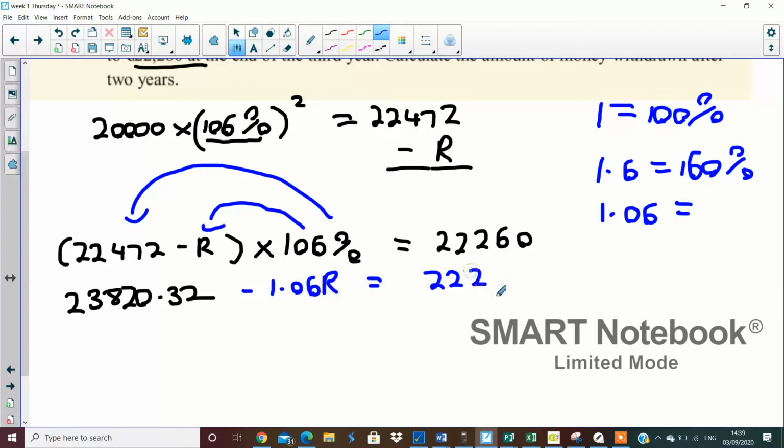Anybody know what to do next? Bring the 1.06 R to the right and bring the 22,260 to the left. And what are we left with now?